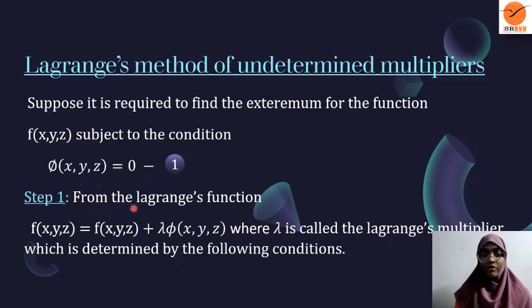Step 1: form the Lagrange's function F of x comma y comma z equals f of x comma y comma z plus lambda into phi of x comma y comma z, where lambda is called the Lagrange's multiplier, which is determined by the following conditions.